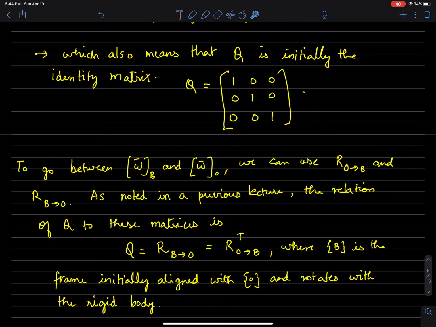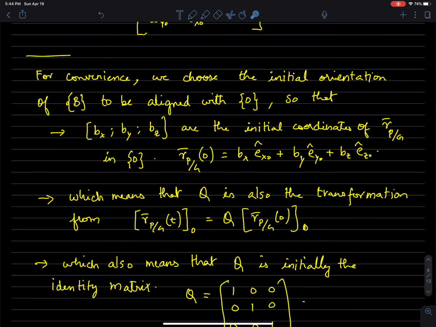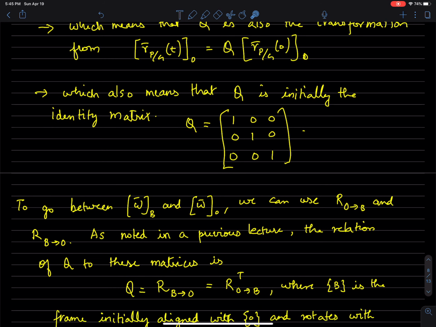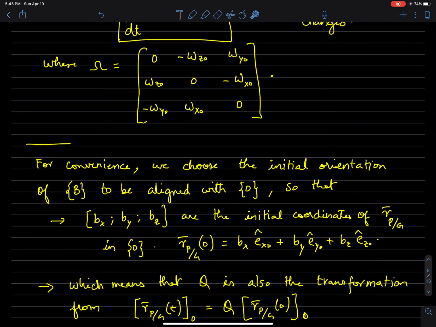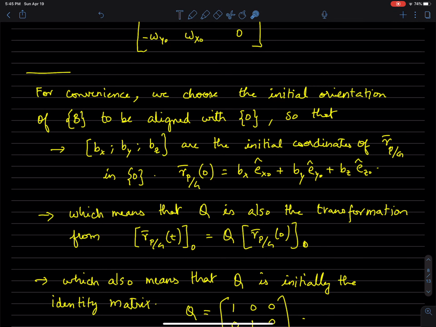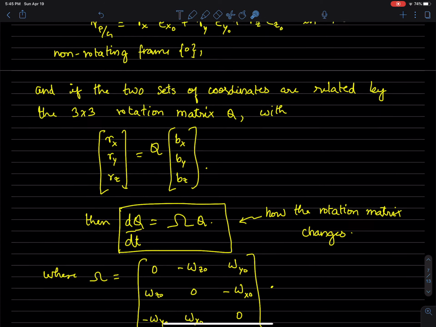And Q, because we chose the frame B to be the initial, it is identical to frame 0 initially. Initially, Q starts out being identity, okay? So you can think of Q as the rotation matrix that takes you from B to O, which is sort of what we defined, right? So rotation matrix that takes you from B to O, like here.